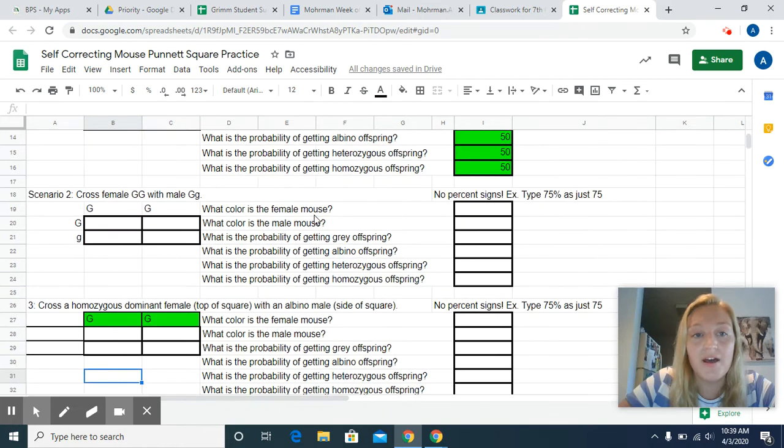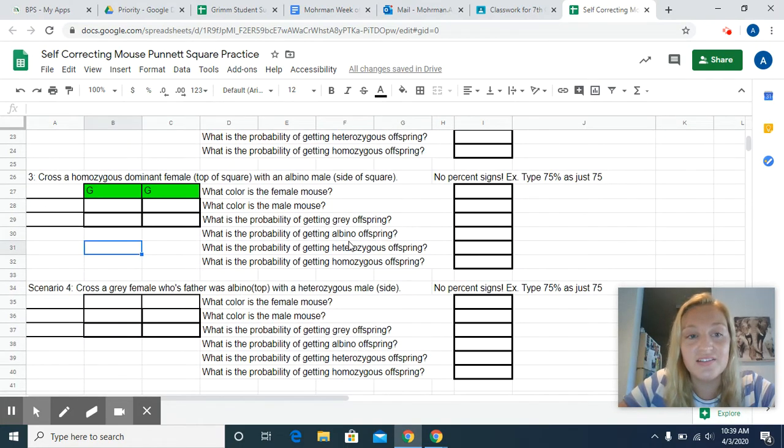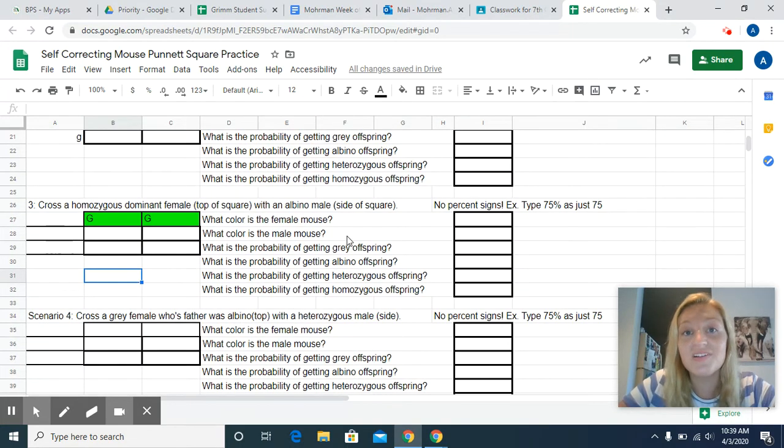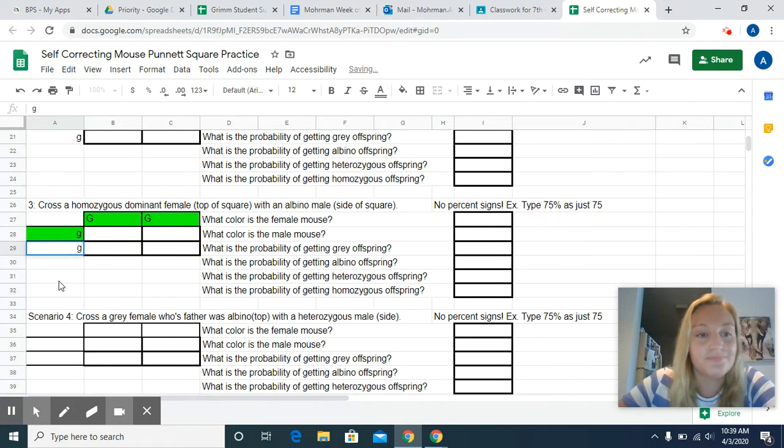So if we scroll back up to the top, remember, albino is the recessive trait. In order for the recessive trait to be expressed, you have to have both recessive alleles. So we know that our albino male is going to have 2 little g's, or he's going to be homozygous recessive. So on the side, we'll have little g, little g.